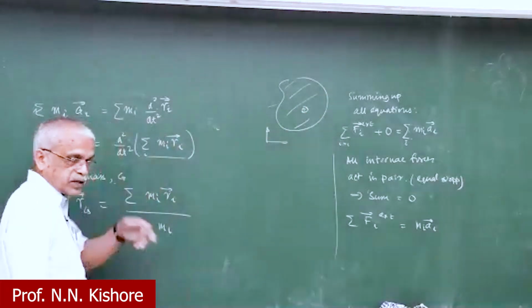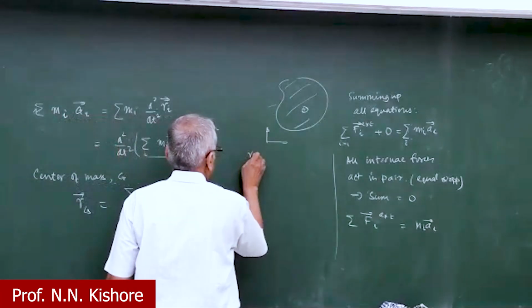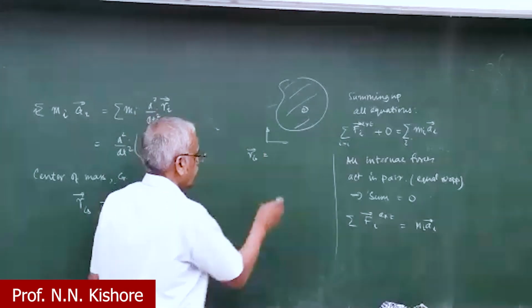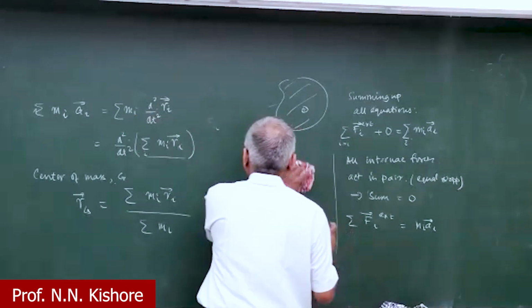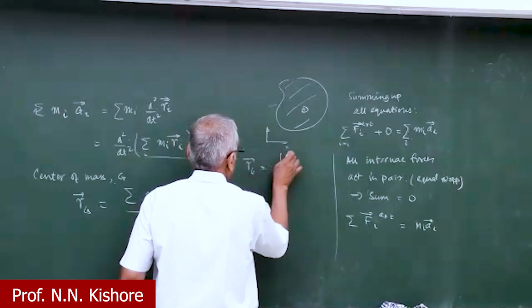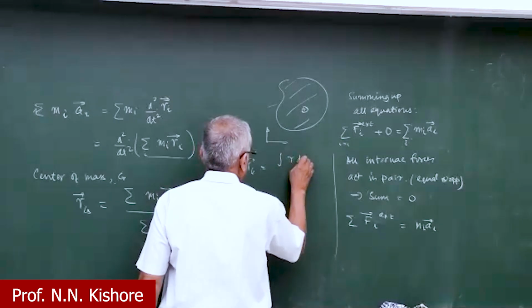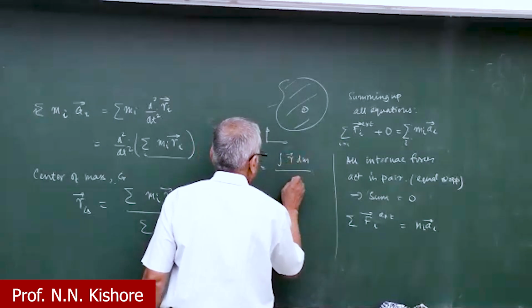So now we can complete both sides of the equation. That means the summation of all the external forces is equal to mass times the acceleration of the center of mass.